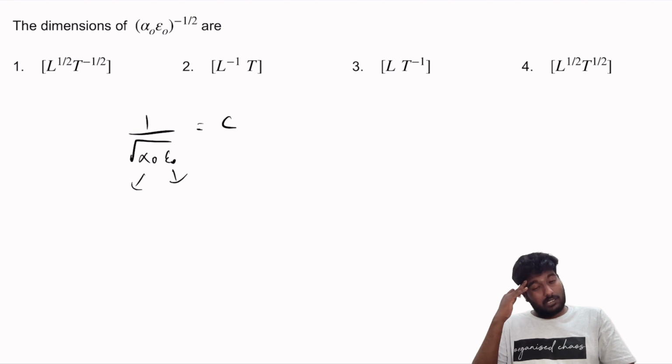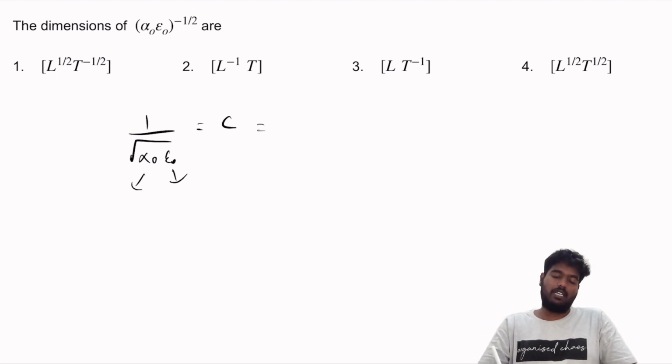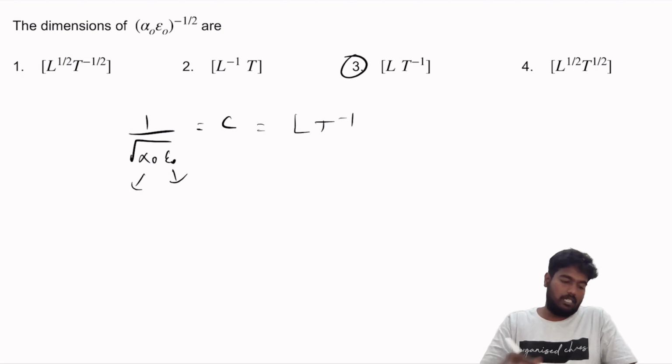We know this equation. So they have the dimension of just c, which is nothing but L T power minus 1. So 3 is the right answer. Okay.